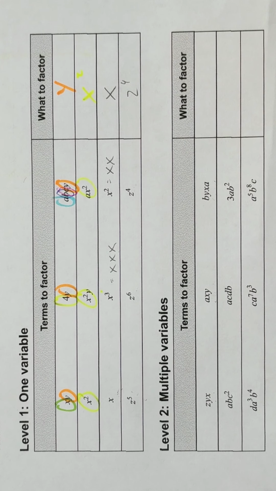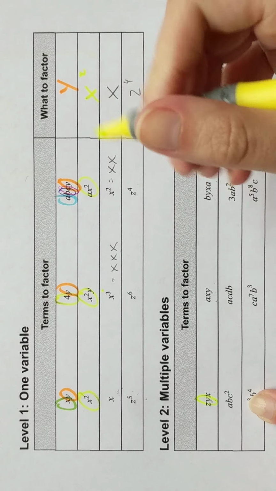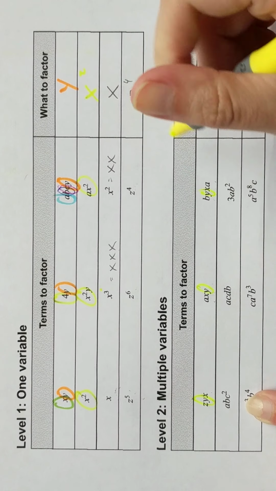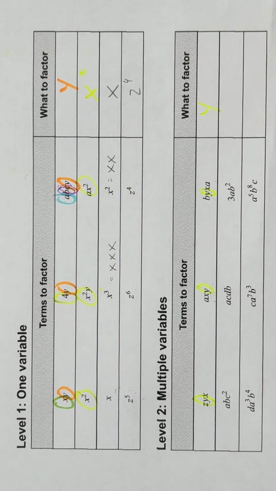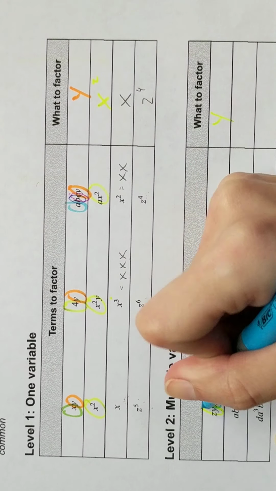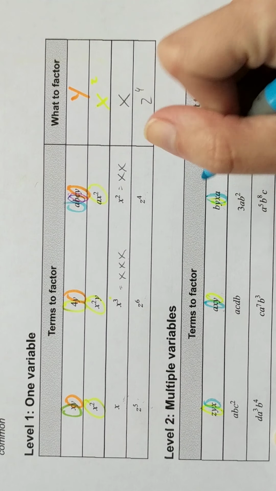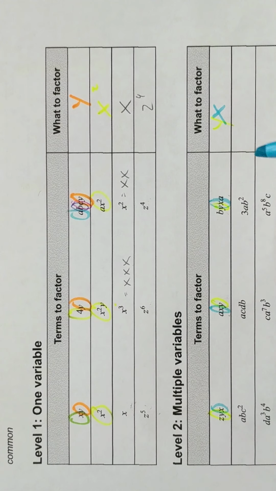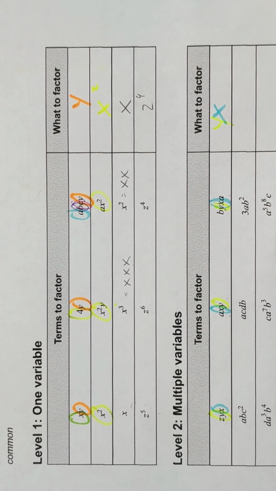Well, I can see right off the bat that they have a Y in common. Everybody has a Y. I can also see that everybody has an X. So I can also factor out an X.